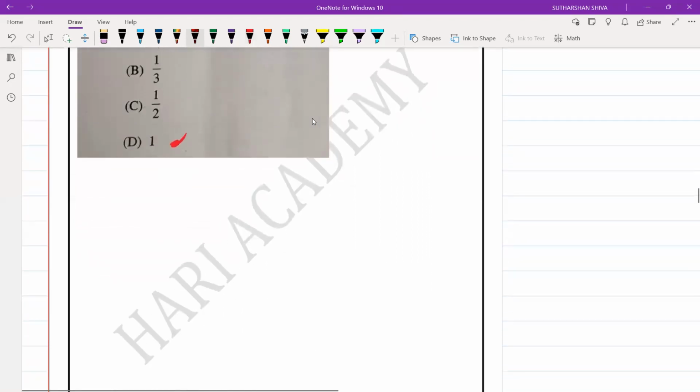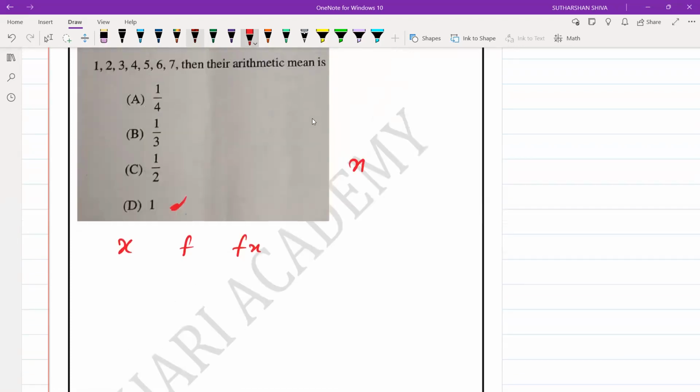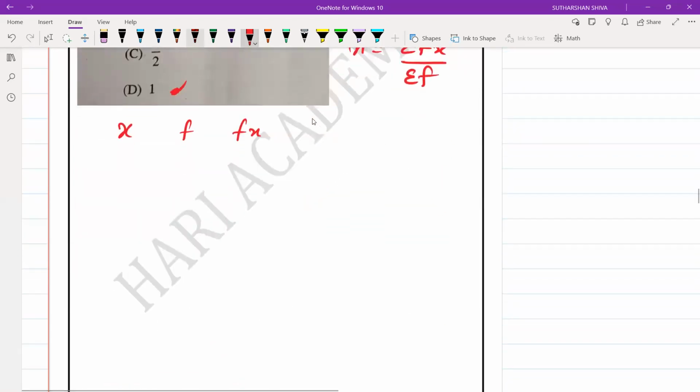Listen. First I will take x, then I will take f, then I will take fx. So x bar is equal to summation fx divided by summation f. What is the x value? Up to 1 by 7 they have given.